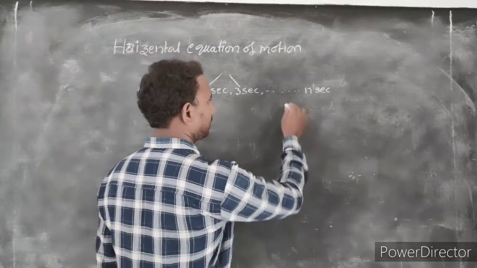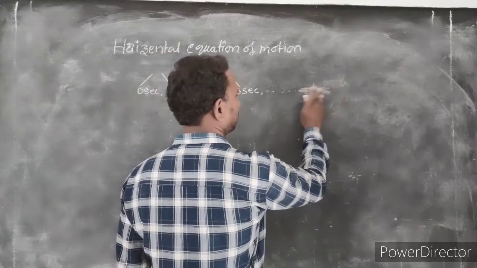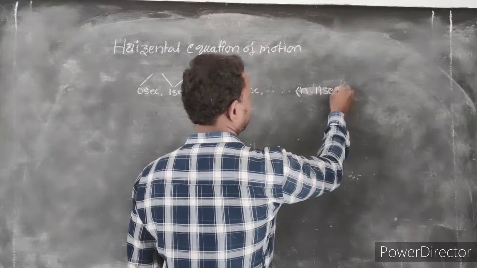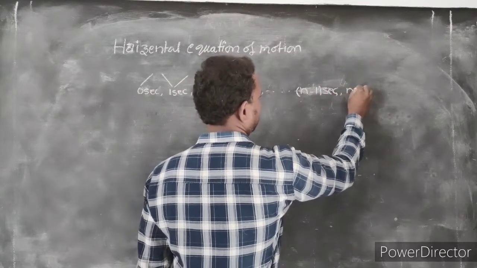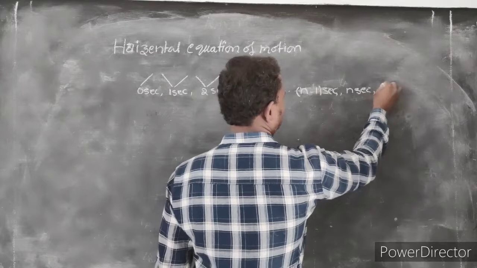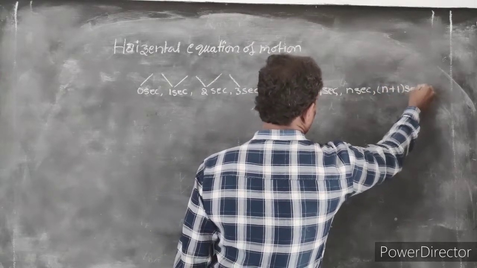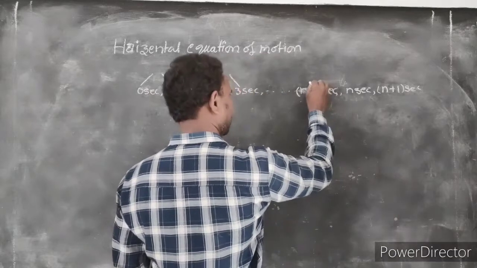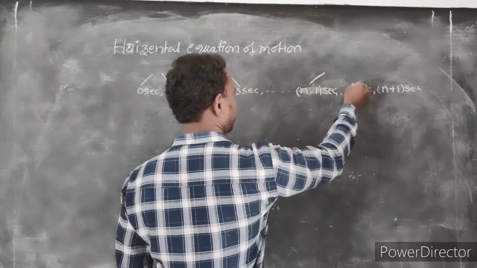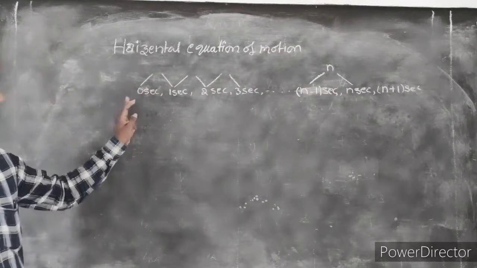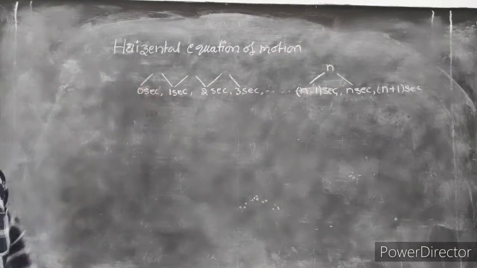So here, before n second comes n minus 1 second, and next comes n plus 1 second. What is the gap between n minus 1 and n second? Identify the gap between two incidents.